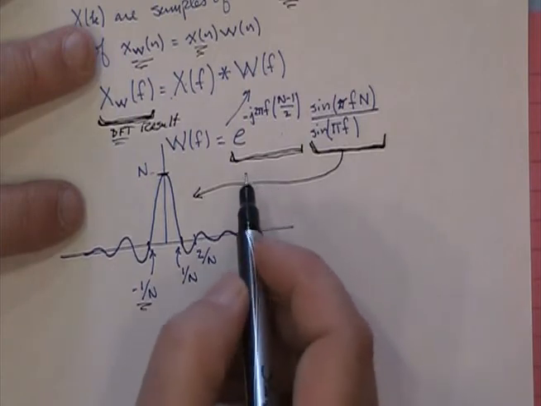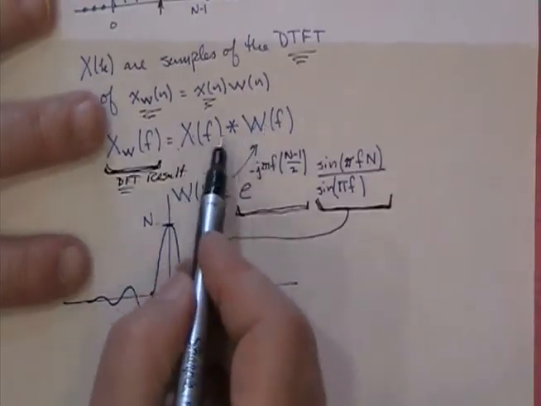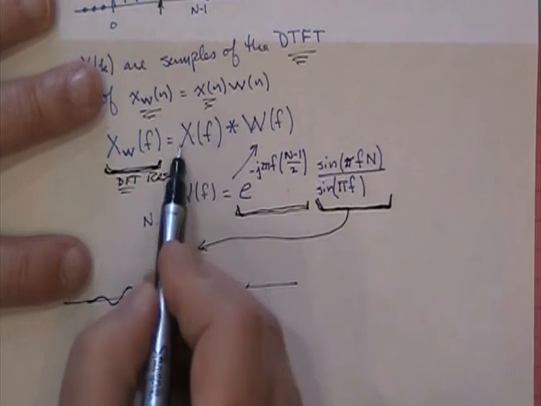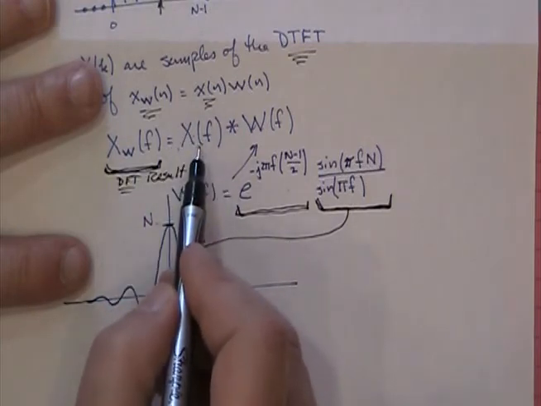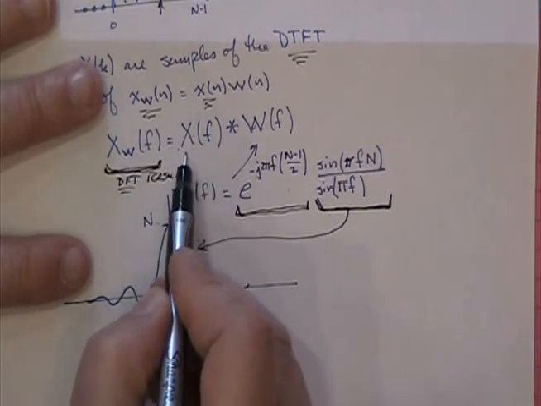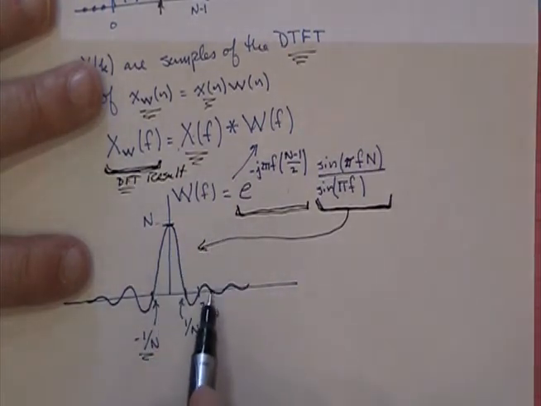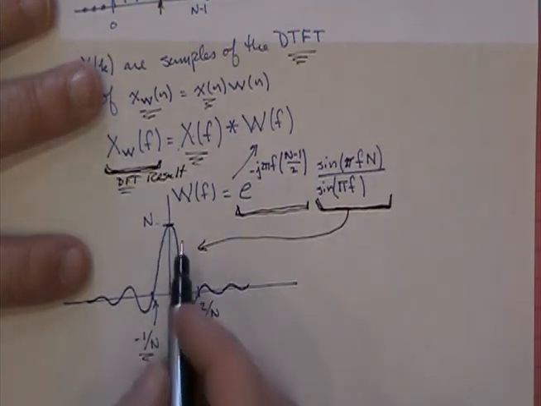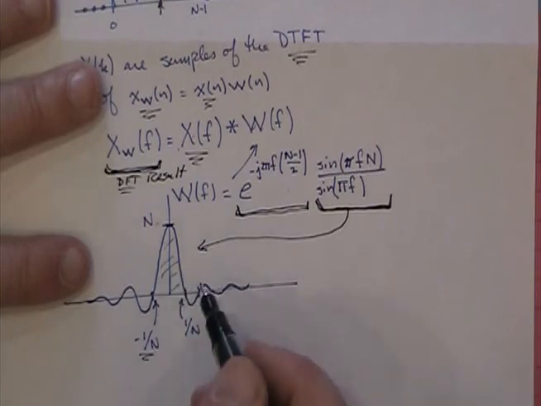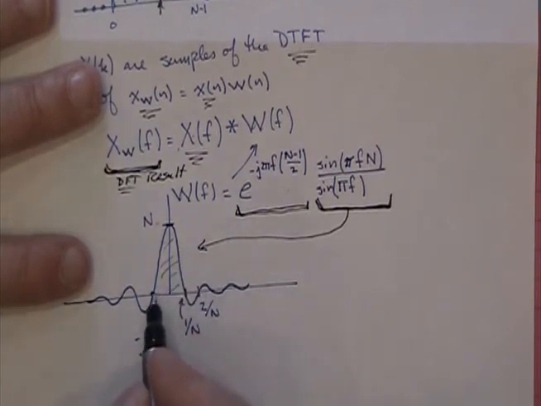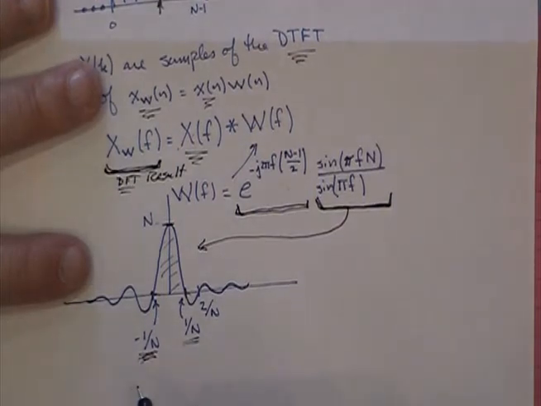I'm going to end up actually calculating this convolution, and what it means is that the thing I'm calculating is the DTFT that I'm interested in, but it's being convolved with something like this. It tends to smear out the edges a little bit, and tends to scale the amplitudes. The area underneath this thing is 1, so the average height doesn't matter much, but features that are on the order of 1 over n, whatever your block size is, are going to show up, right?